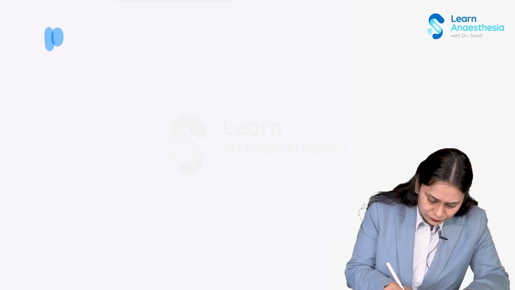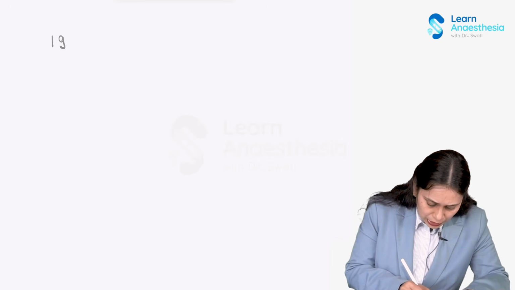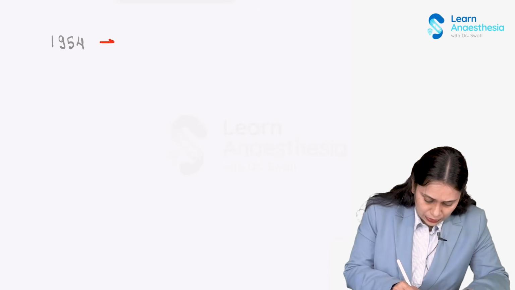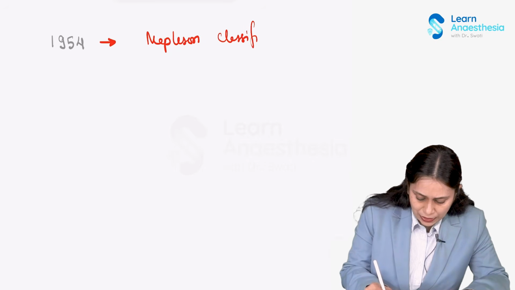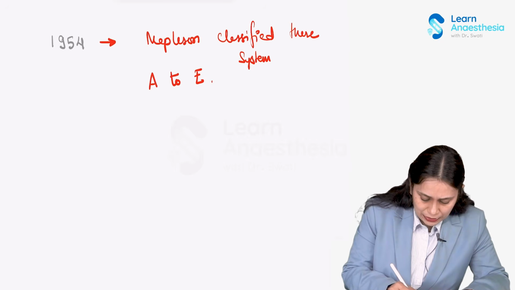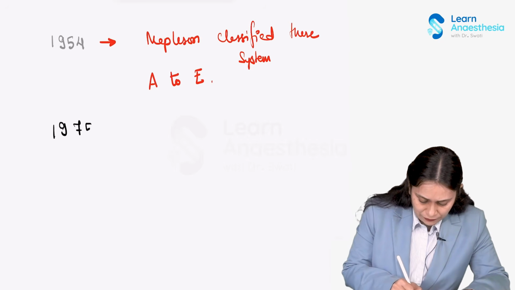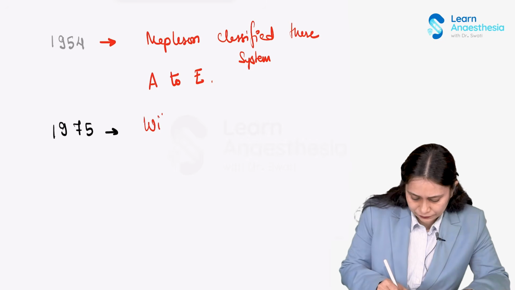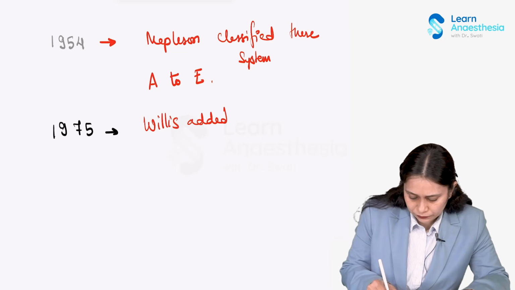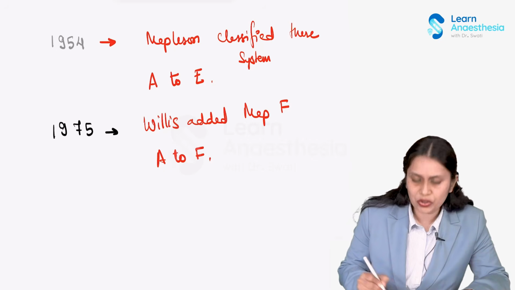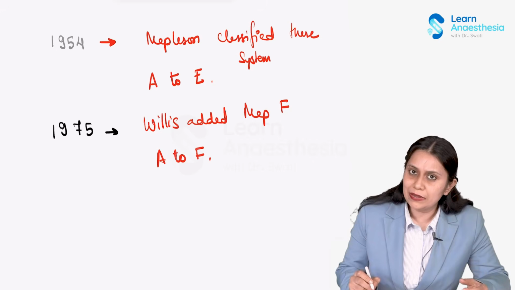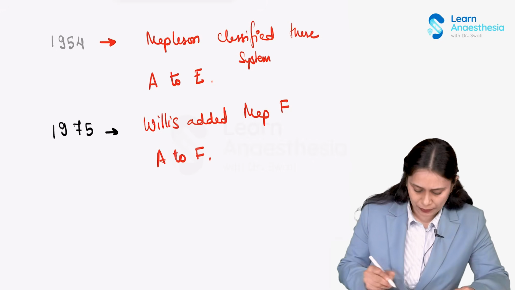So, in 1954, Mapleson classified these systems in A to E, and in 1975 Willis added Mapleson F to it, and now it became A to F. So, the system which I will talk to you about is Mapleson system A to F, and now we call it modified Mapleson system.